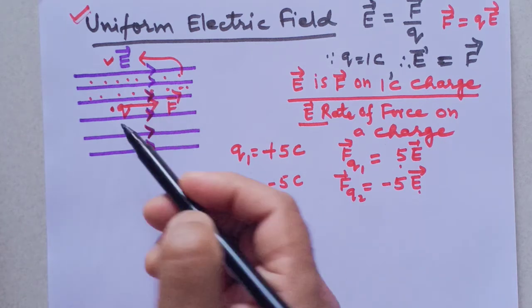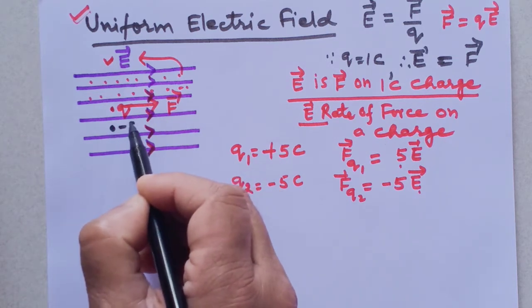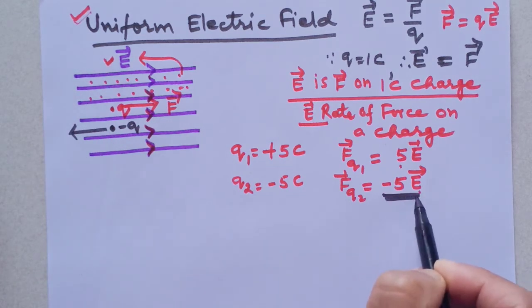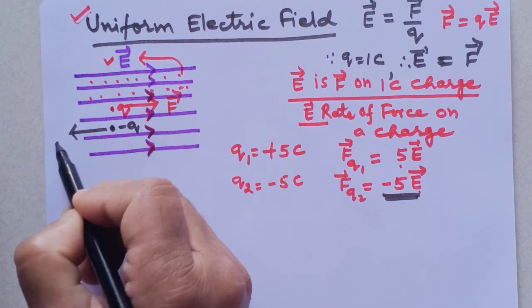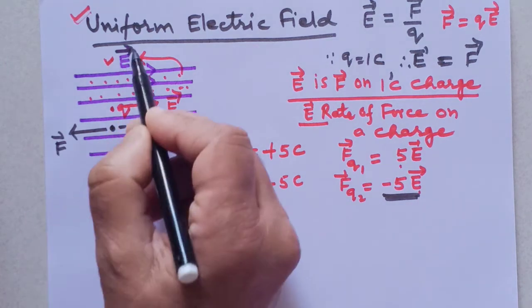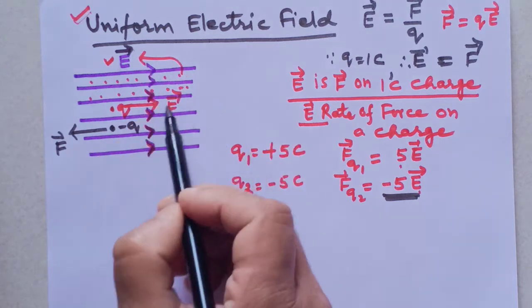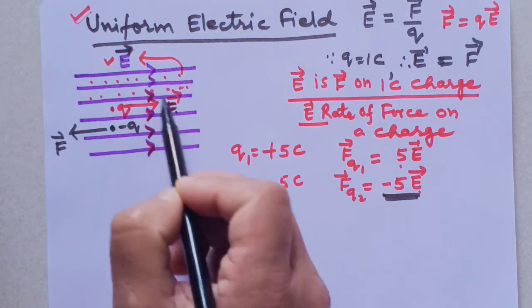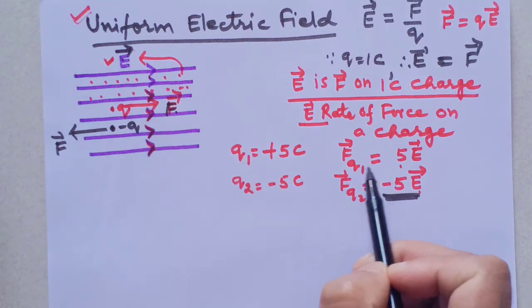If we place a charge minus Q here, then the force will be in the opposite direction, opposite to E. In case of a positive charge, force will be parallel to E, or along the direction of E.